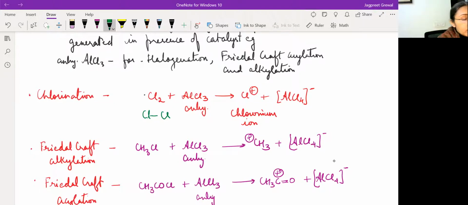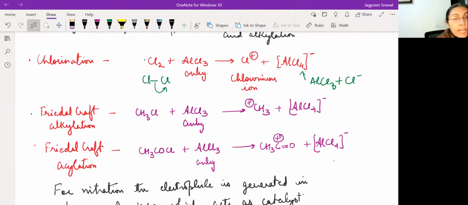It breaks by a heterolytic fission like this. So AlCl3 being electron deficient will take up the Cl negative, and it forms AlCl4 negative. So this is formed by combination of AlCl3 plus Cl negative, and you are left with Cl positive over here. So that is how the chloronium ion is generated for substitution.